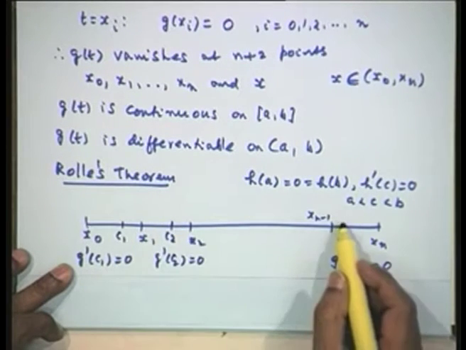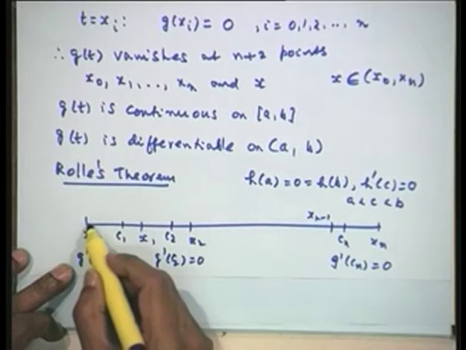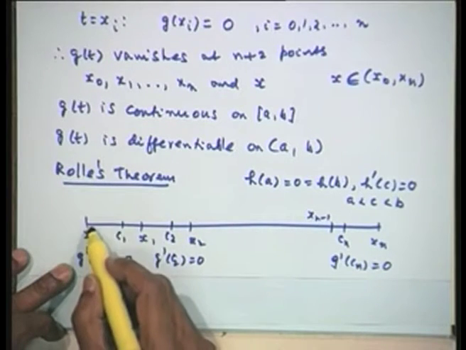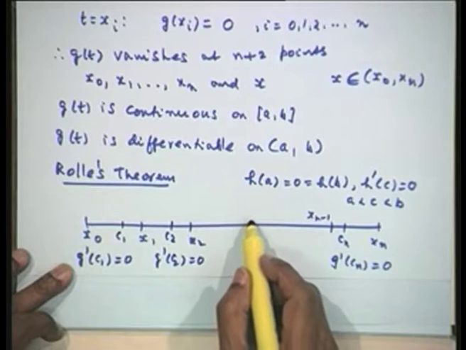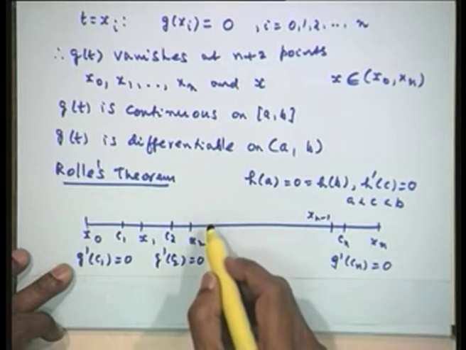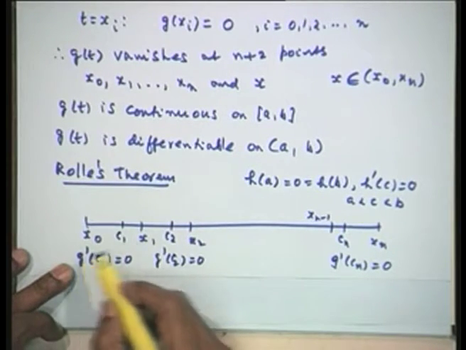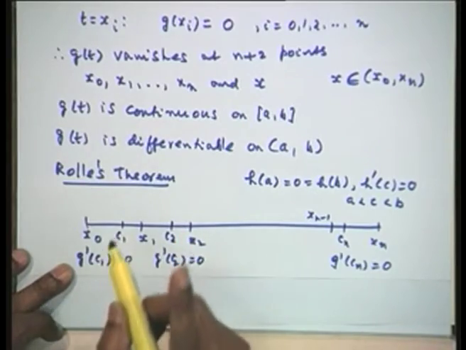Now if I apply this repeatedly, then there are n plus 2 points. Therefore repeated application of Rolle's theorem would state that the n plus 1th derivative of g will be 0 at least at one point between x0 and xn.